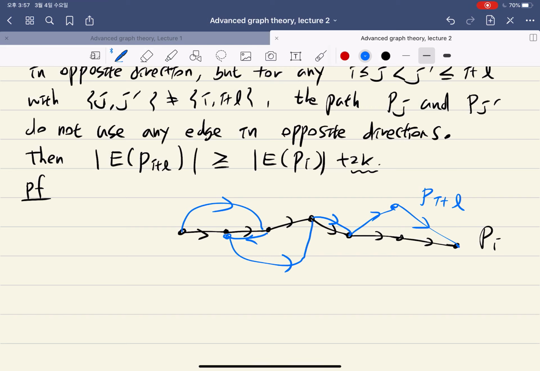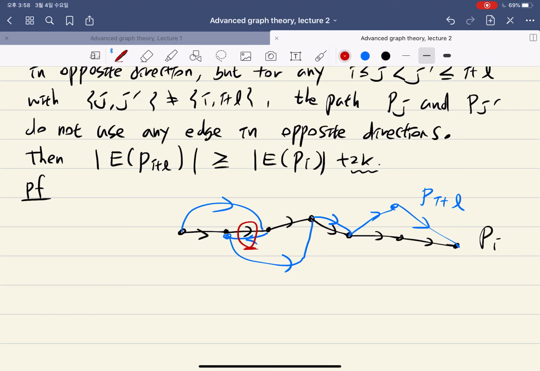Then here this is in opposite direction.